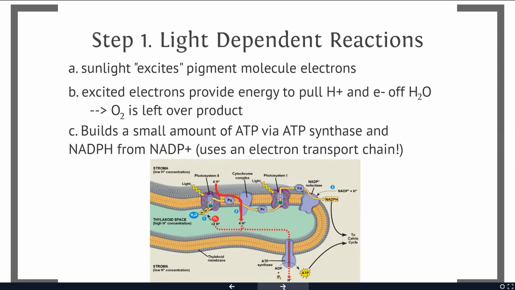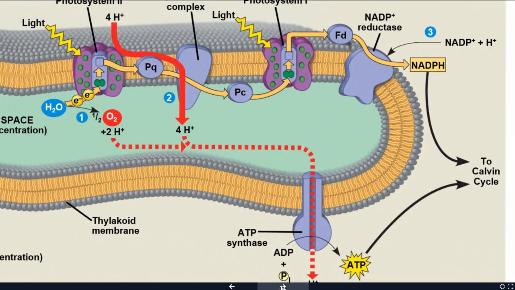So this should sound a little bit familiar. We're moving hydrogens and electrons around, and we're using that to build ATP, and we're using an electron transport chain. This sounds a little bit like oxidative phosphorylation. If we look at this picture, we can see the different parts. So the light is going to come in, and it's going to activate these pigment molecules.